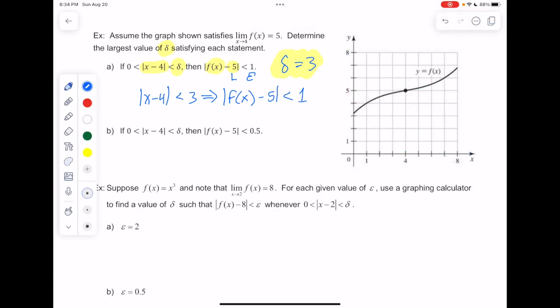So coming down to the second example, they want us to play the same sort of game, but this time they want the difference or distance between the height of our function and the limit of 5 to be half a unit. So here's our limit 5, and they're saying we want to make sure you stay within half a unit of that.